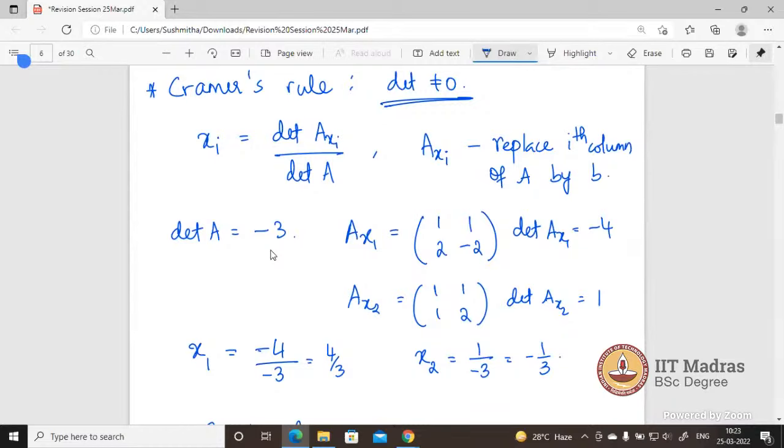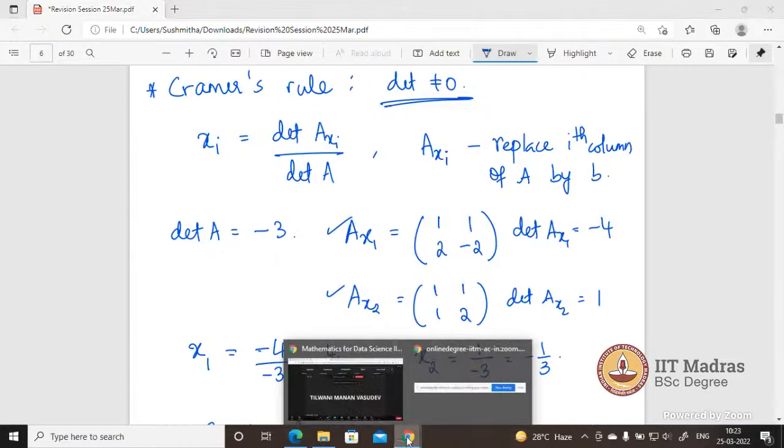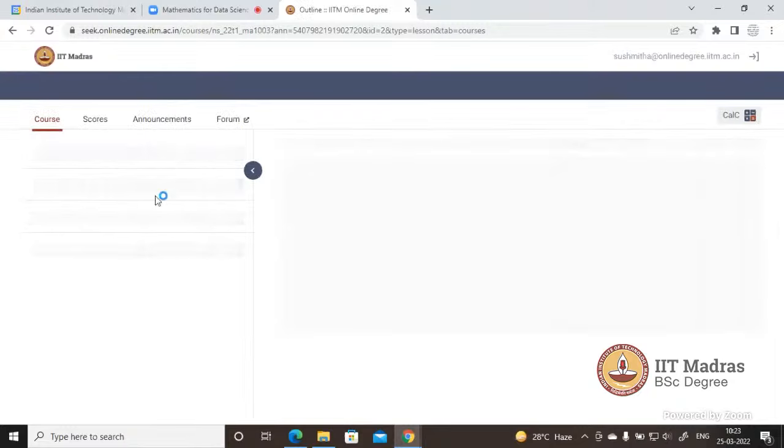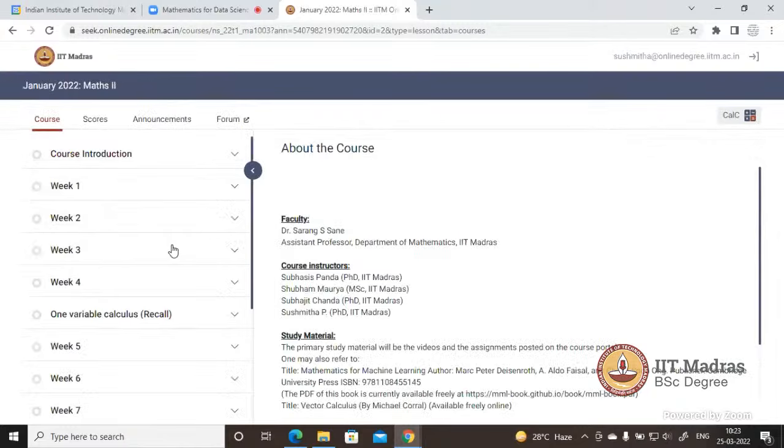How can they say in words what exactly Ax1 is? Ax1 determinant, Ax2, these cannot be put in words. So how can they phrase questions? Cramer's rule is weak to it.